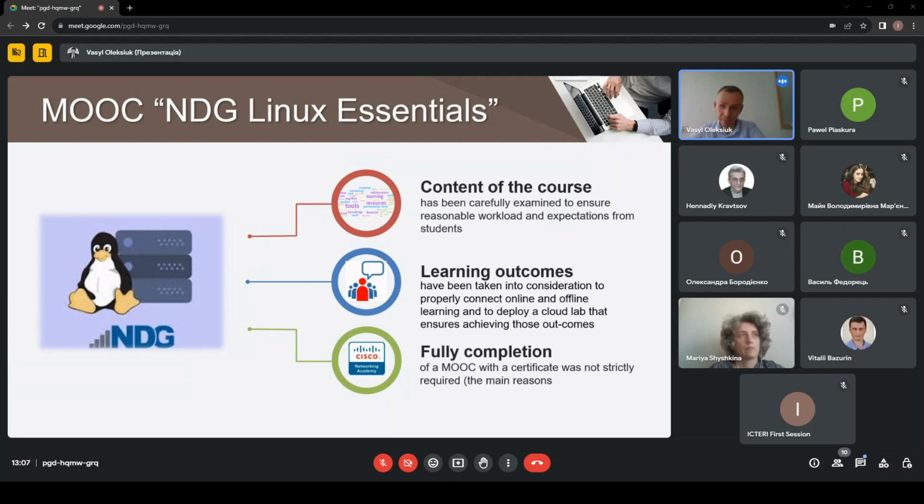Learning outcomes have been taken into consideration to properly connect online and offline learning and to deploy a cloud lab that ensures achieving those outcomes. Fully completing the course with a certificate was not strictly required.